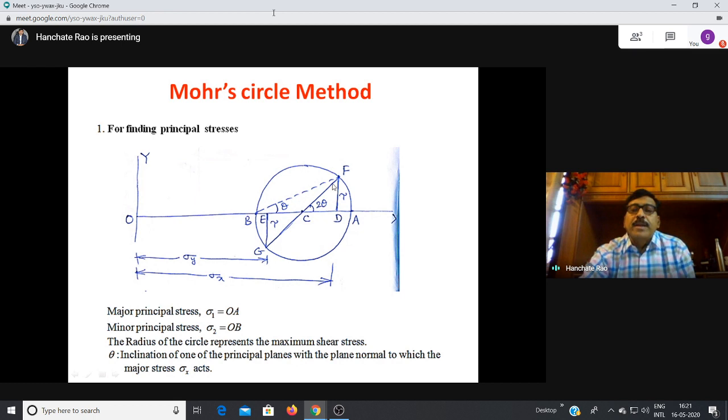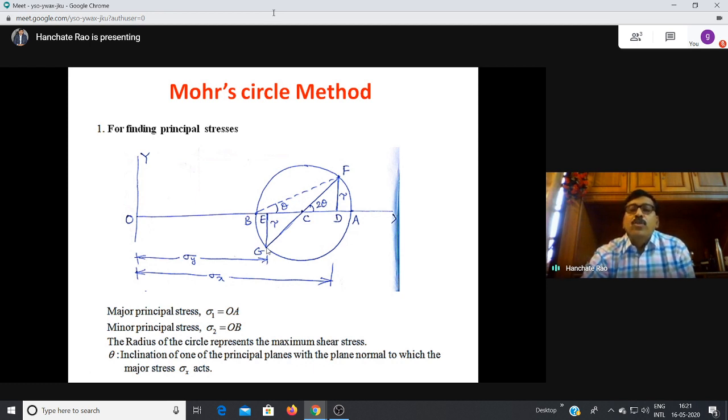If it acts upward on one plane, it automatically acts downward on the other plane. So you draw a vertical line equal to tau to the same scale at E, and you get F and G.